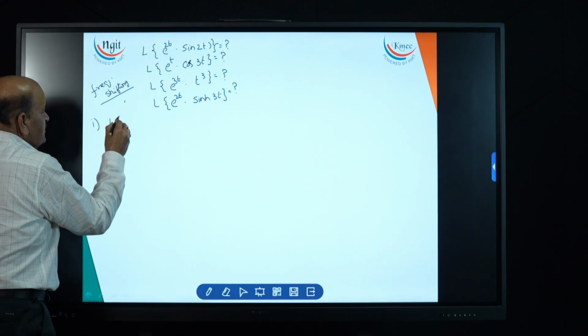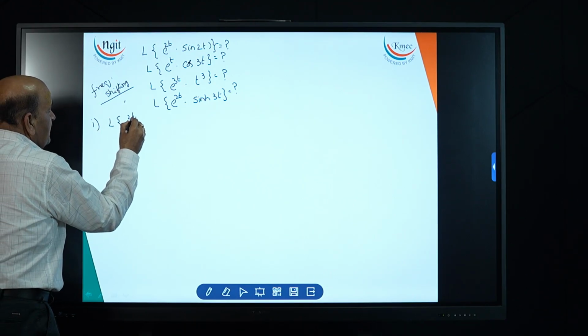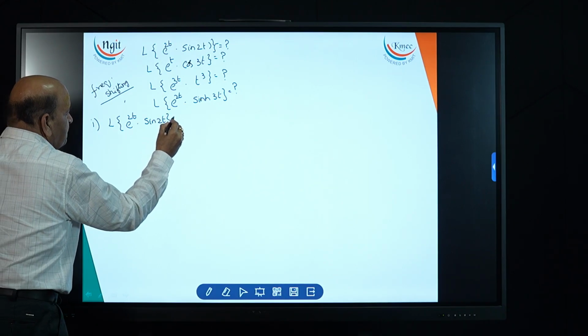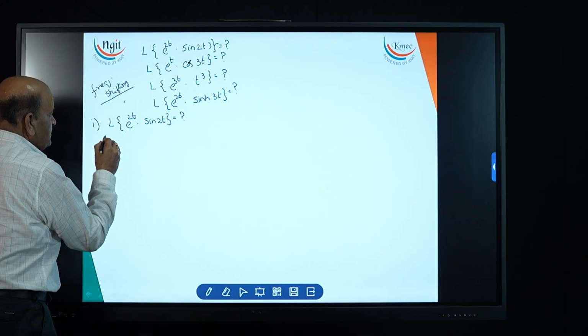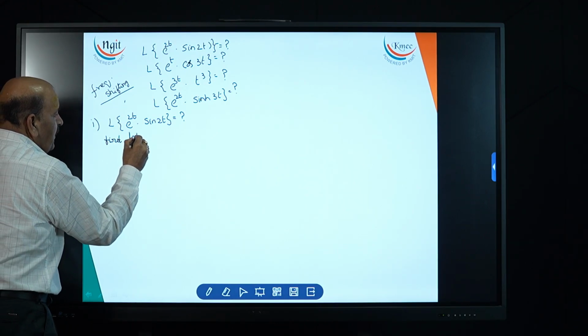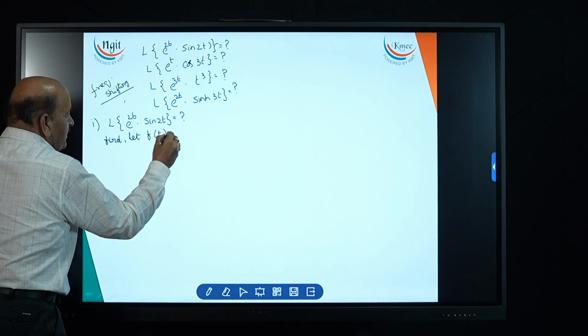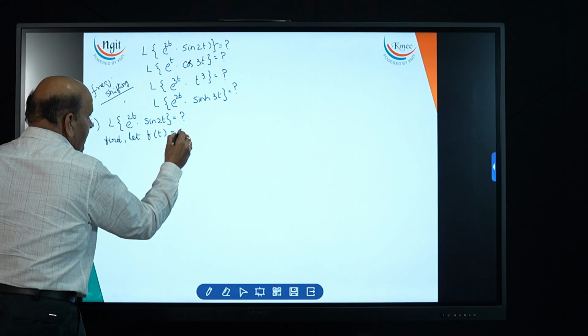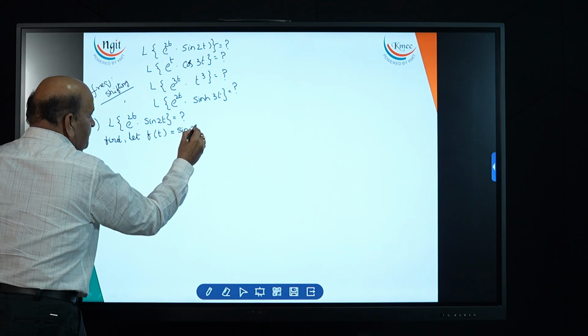First one is e power 2t into sine 2t. How to solve it? Firstly, let us find f of t. Don't touch the exponential signal. Go for the remaining signal, that is sine 2t.